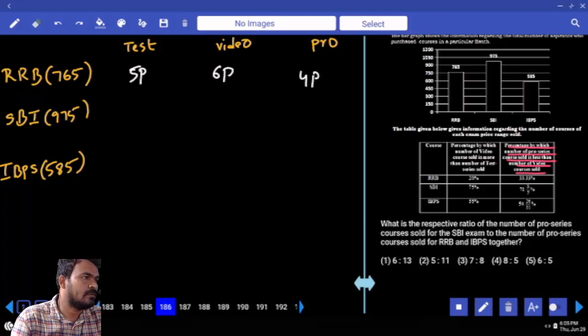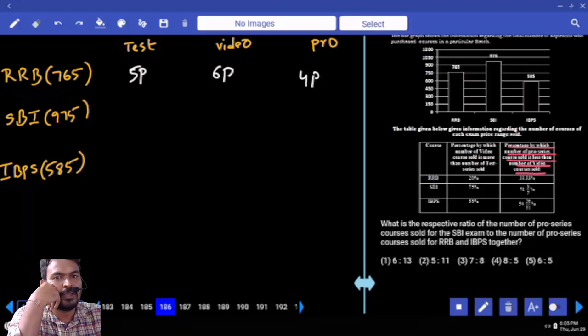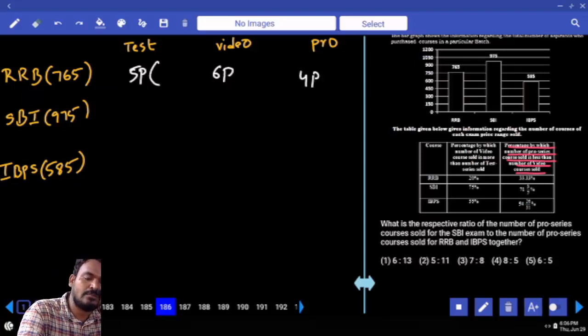5 plus 6, 11. 11 plus 4, 15. What is the 15 parts value? 765. What is the 1 part value? 15 parts, 15 times 5 is 75, remaining 15 is 1 time, total it is 51 for 1 part. 5 parts is how much? 5 into 51, 255.